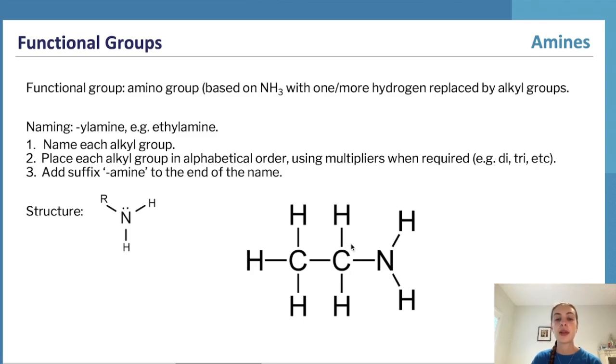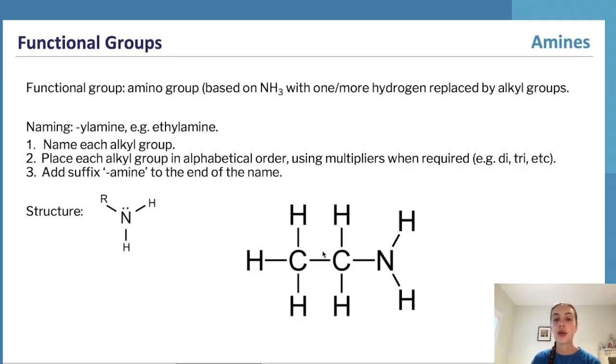So for example, in ethylamine, we've only got one alkyl group, so we just name it as ethyl. Then you need to place each alkyl group in alphabetical order and use multipliers when they're required. So for example, if you've got an ethyl group here, and then a methyl group here, you would need to say ethyl methylamine, putting them in alphabetical order.